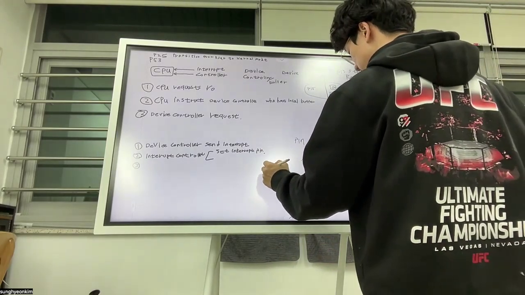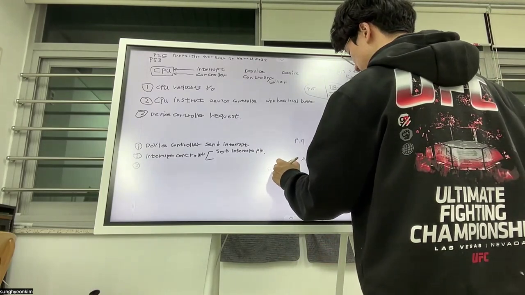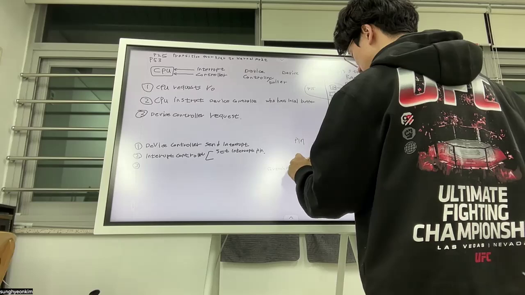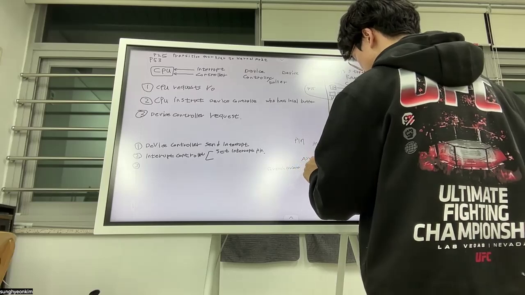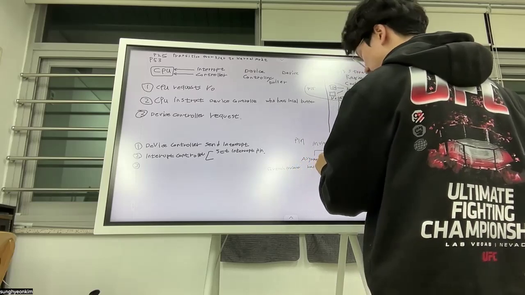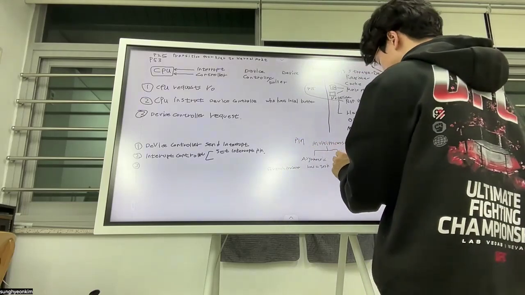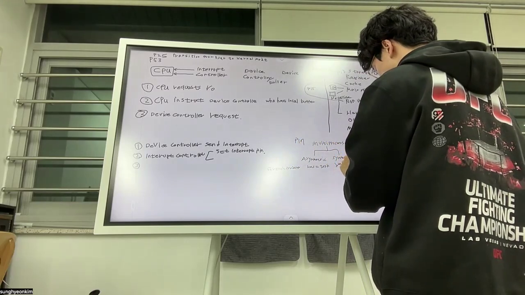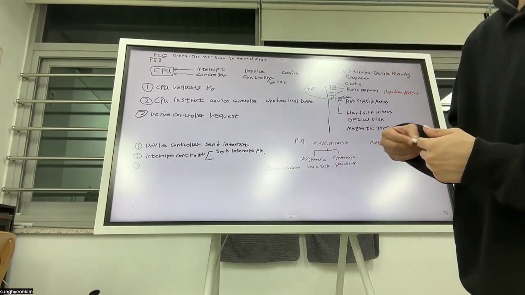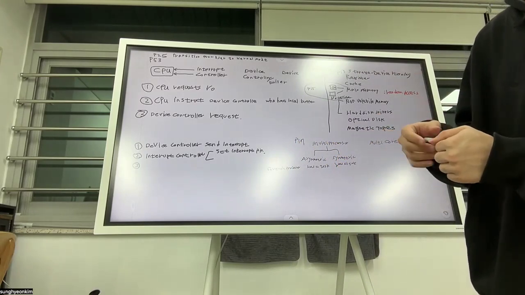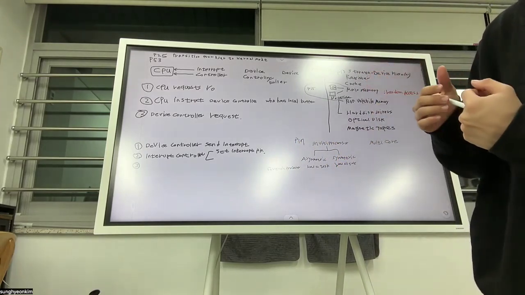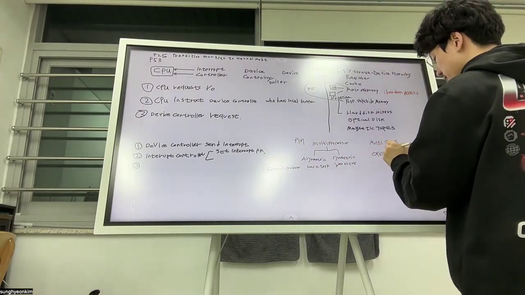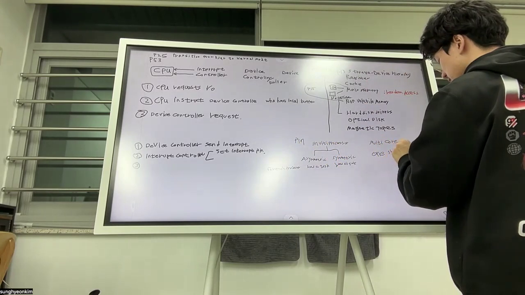And for multi-core, the big difference is they have one shared cache.